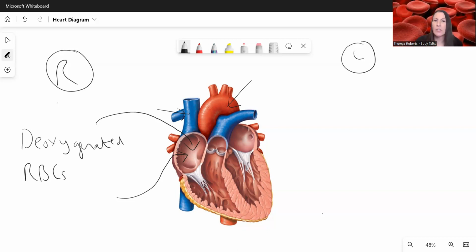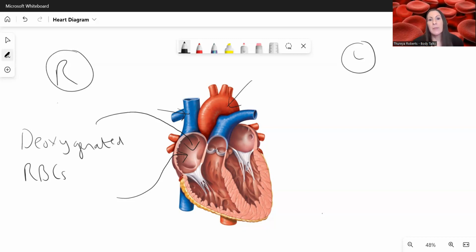Next, where does the blood want to go? It wants to go to the lungs to pick up oxygen. So the right ventricle will contract sort of upwards to push the blood out through the pulmonary valve and through the pulmonary arteries towards the lungs to pick up oxygen. So that's its first job. It's coming back to the heart to be pushed to the lungs.